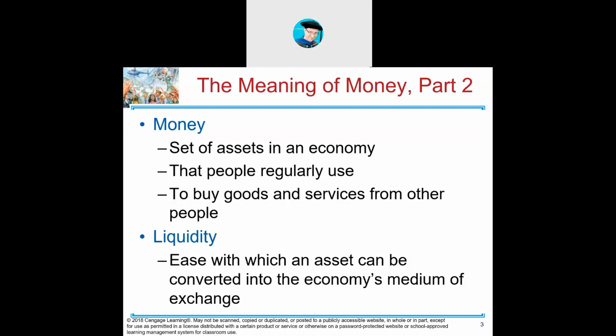And so individuals use cash regularly to purchase goods and services from other people, from other vendors, or from other companies, right? Really, I like to think of cash, or money, as an intermediary between you and the goods and services that you want.